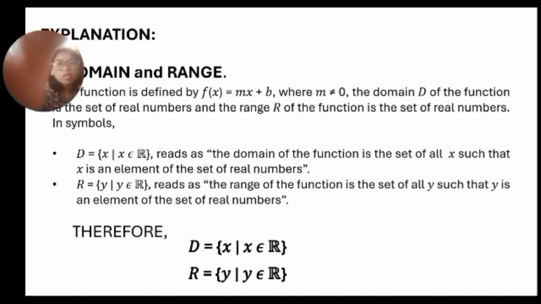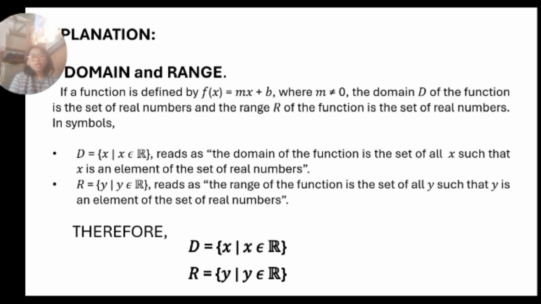So it states here that if a function is defined by f of x equals mx plus b, where m or the slope is not equal to 0, then the domain, denoted as D of the function, is the set of real numbers, and the range R of the function is the set of real numbers.